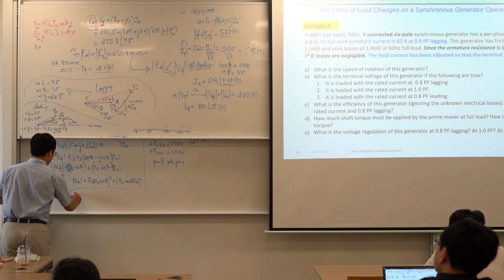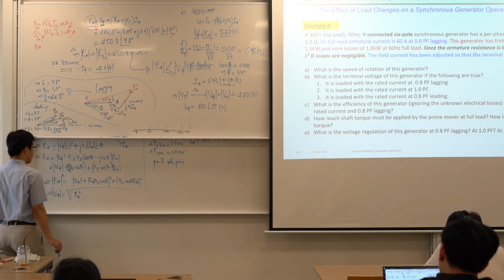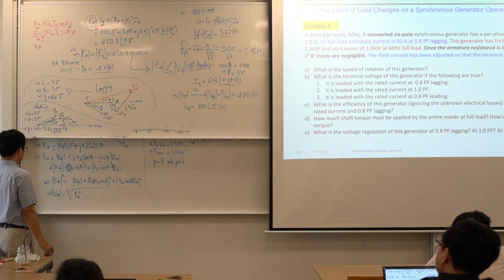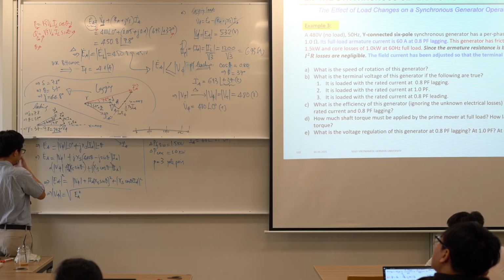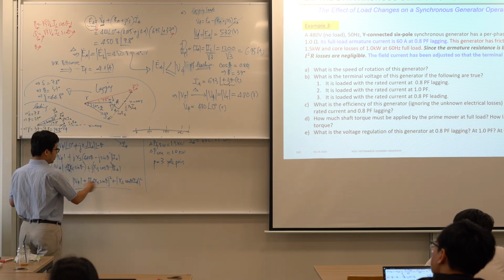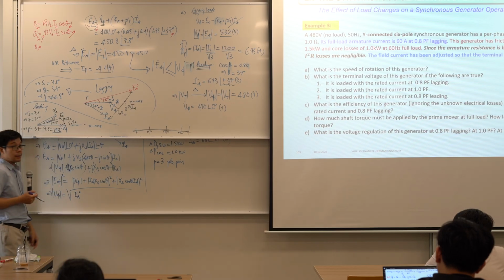So we have EA squared, that's correct. This one is like a quadratic equation.